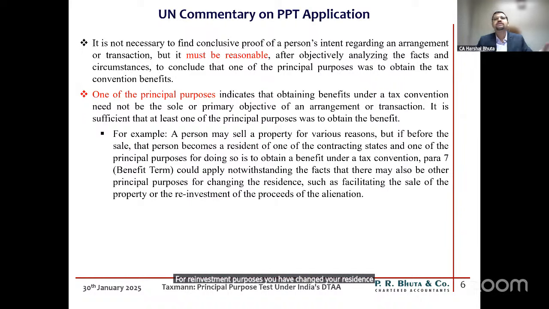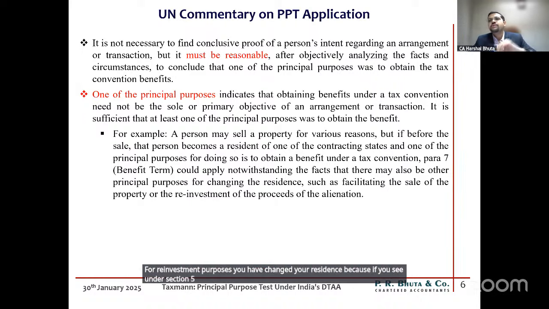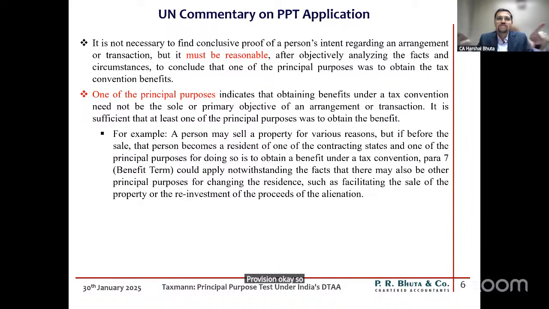Because if you see under section 54, 54F, it is Indian property that you need to reinvest into. So in order to gain the benefit of that, coupled with obviously the DTA, because the PPT is only a DTA provision, if one of the many principal purposes is only for that, then yes.